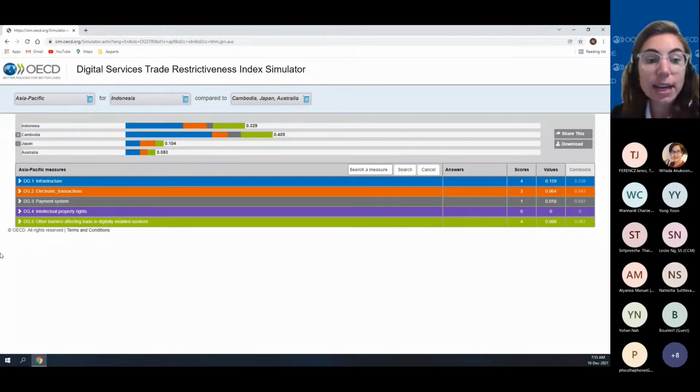So if there is a dominant provider and there is no legislation obliging it to interconnect, we consider that a restriction. At the same time, we consider as a restriction having an obligation to interconnect when there's no specific player that is dominant in the sector.